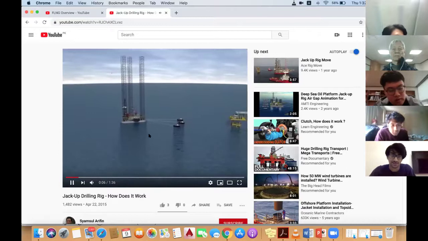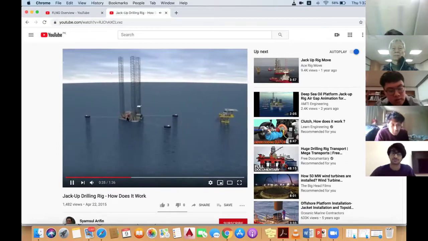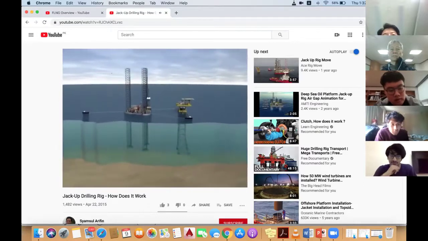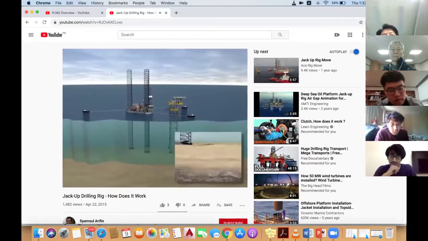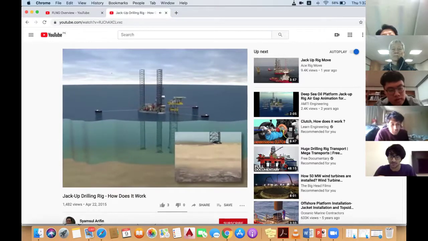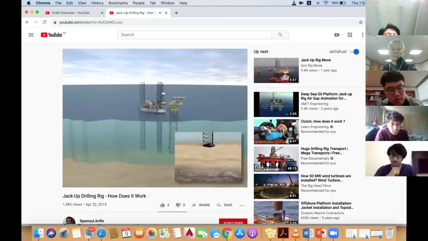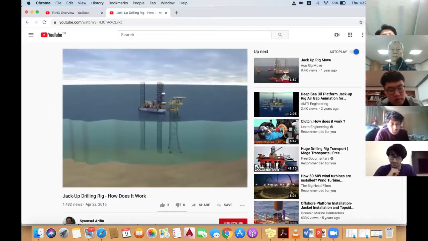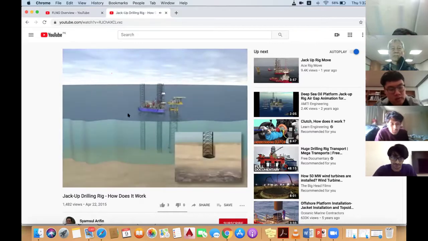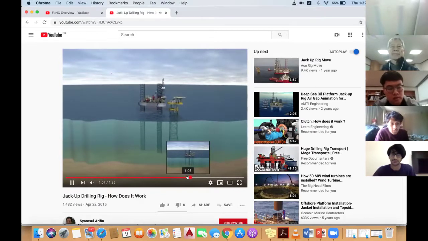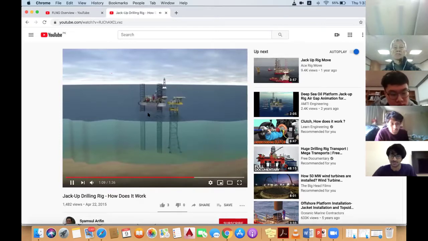And then they position the jackup with these three small boats, and then these pillars move downwards and embed into the seabed, and basically they lift the whole platform up. This one even has better stability than the semi-submersible.